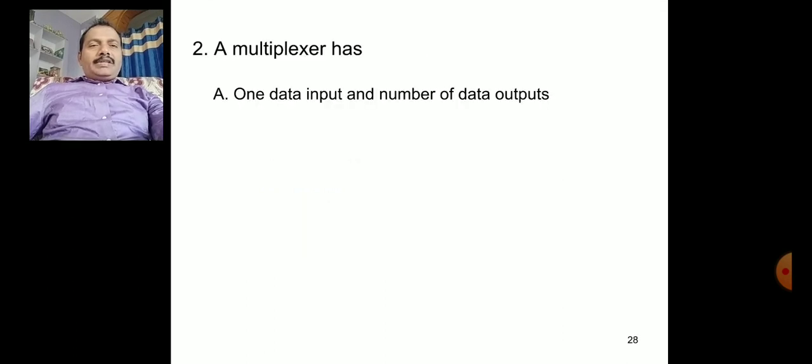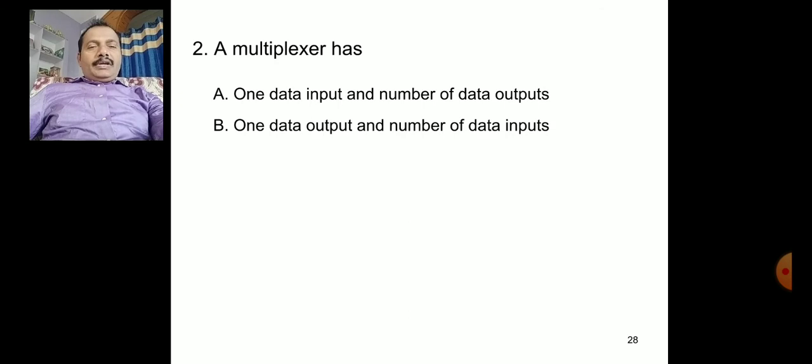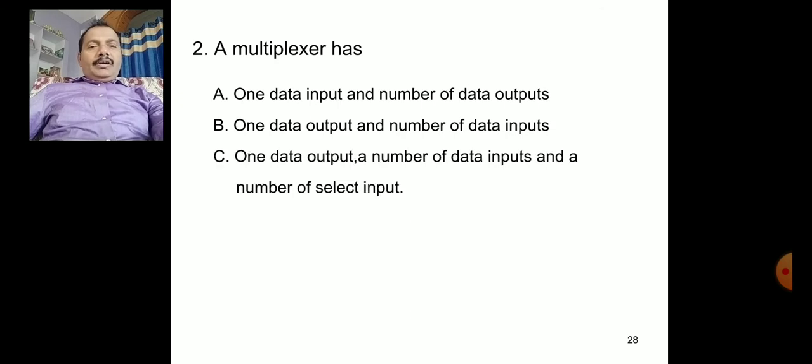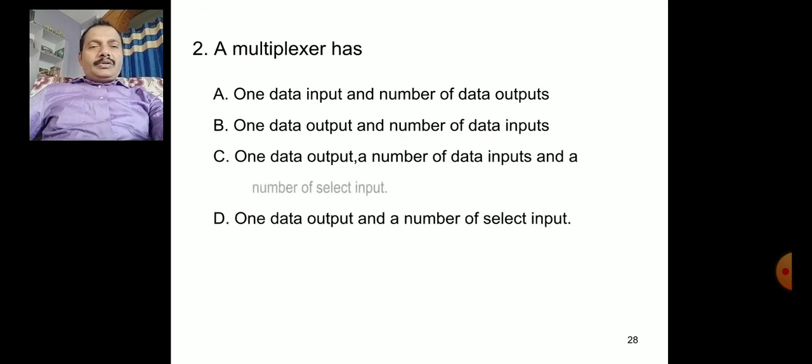A multiplexer has: one data input and a number of data outputs; one data output and a number of data inputs; or one data output, a number of data inputs and a number of select inputs. Which one? C is the correct one.